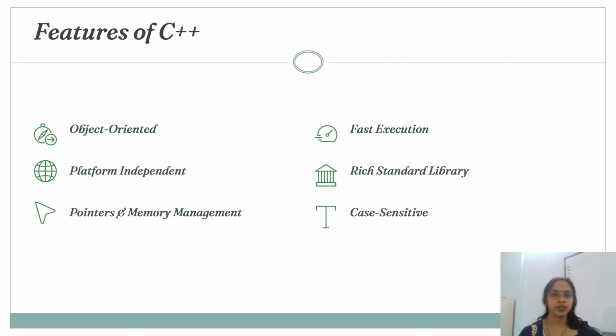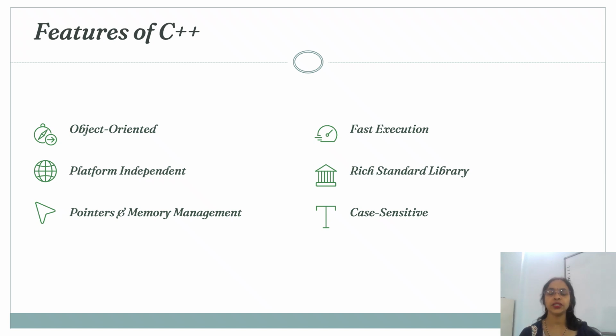As I already told in previous lectures, its features are: it is object oriented, it is platform independent, it supports the pointers concept, memory management is very easy, fast execution, and it has various libraries: input output library, standard library, utility library, math functions.